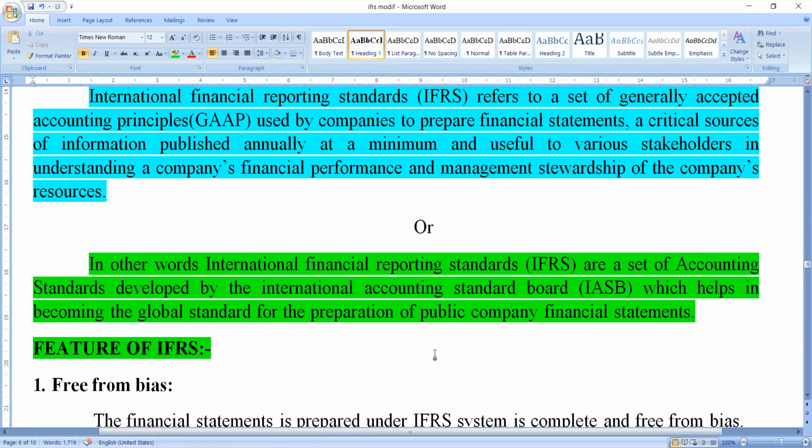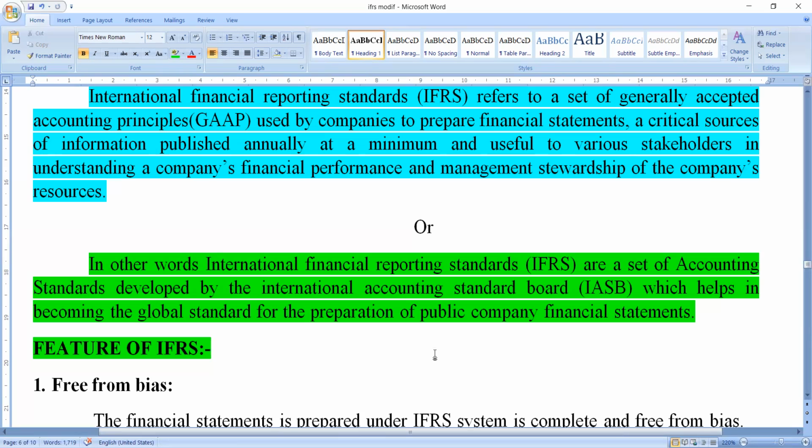IFRS is a set of accounting standards developed by the International Accounting Standards Board. Here, the standards are a set of rules and regulations prepared and developed by the International Accounting Standard Board, IASB. It is a 2 marks question they ask us.